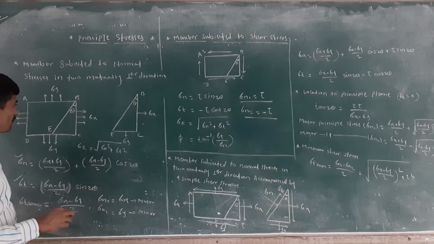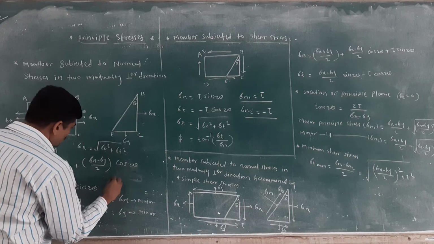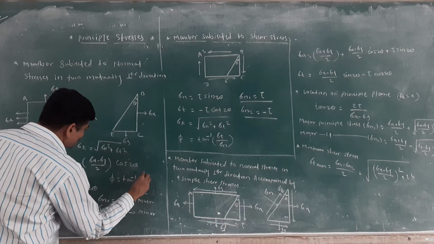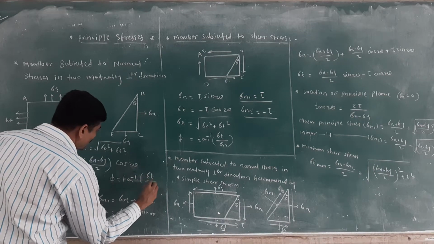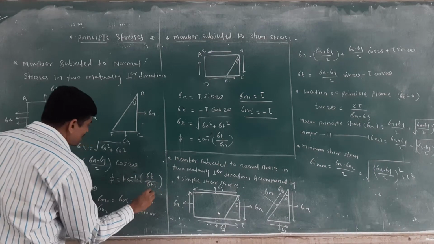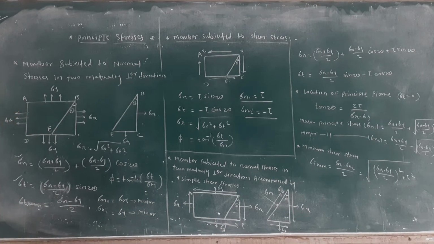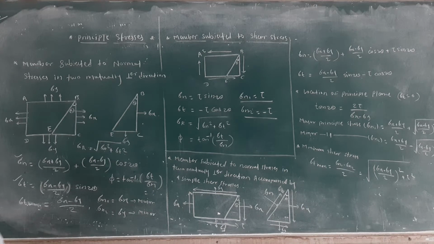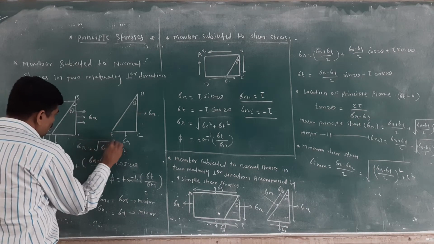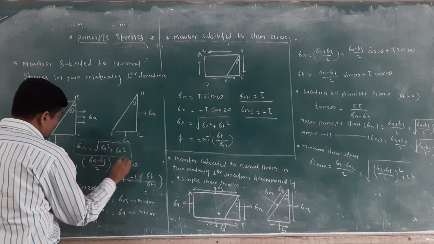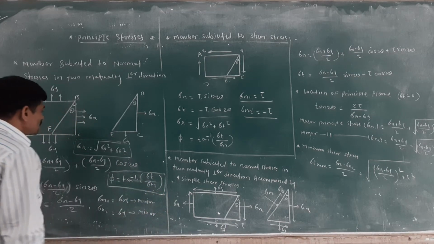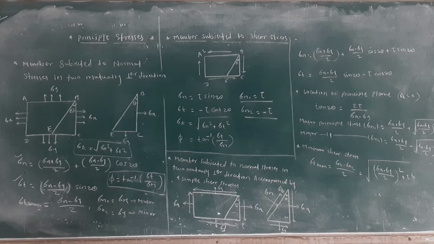And what is the angle of obliquity? Phi is tan inverse of sigma t divided by sigma n. These two formulas are common for each derivation. Remember that.